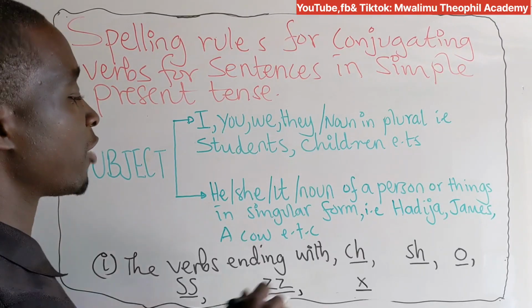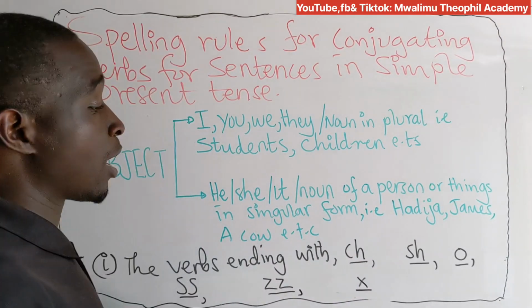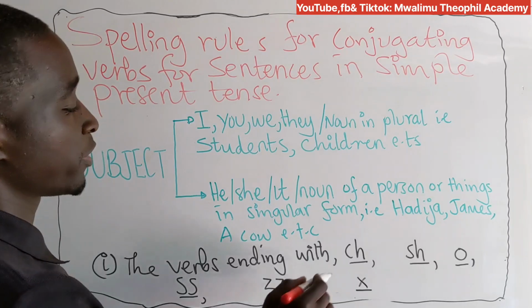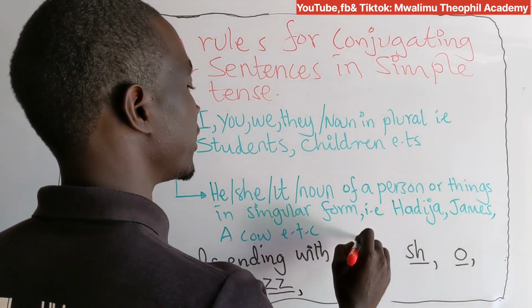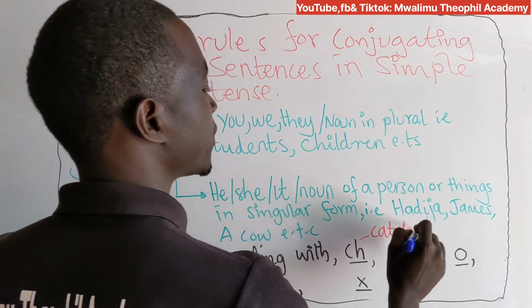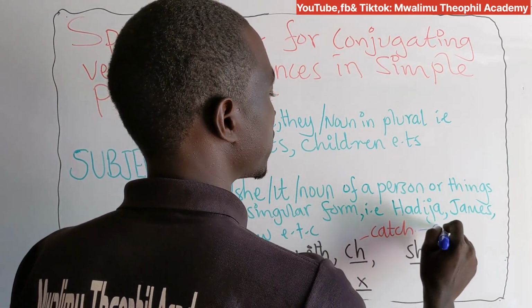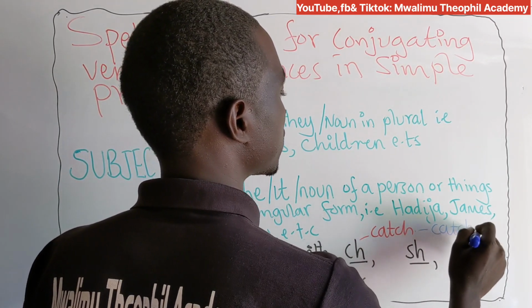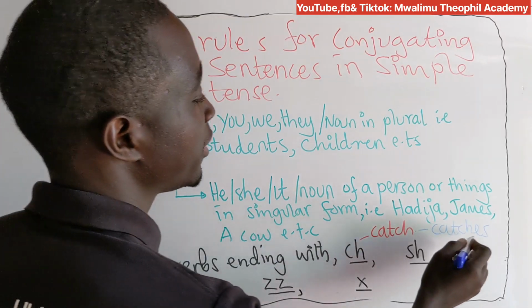For example, a good example of a verb ending with the ch is a verb like catch. A verb to catch becomes catches, so we find that we have added es.